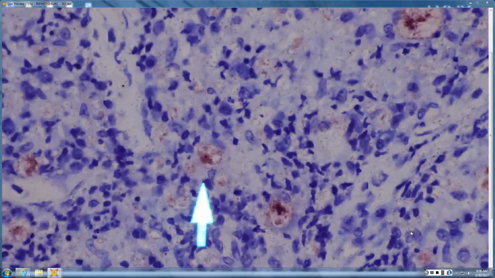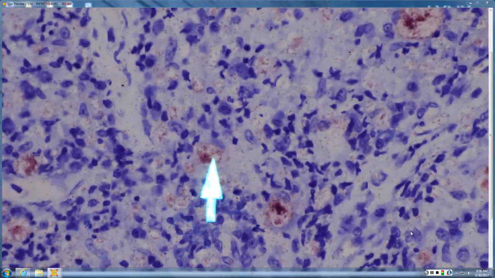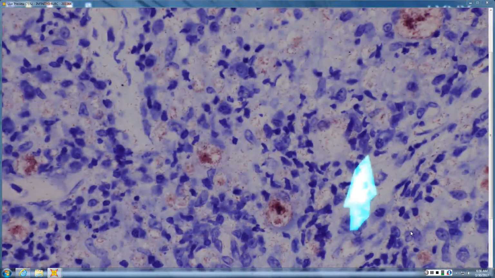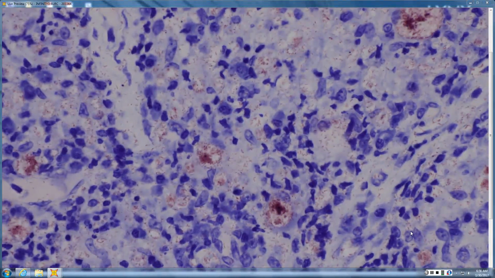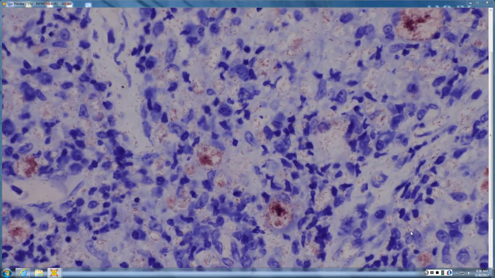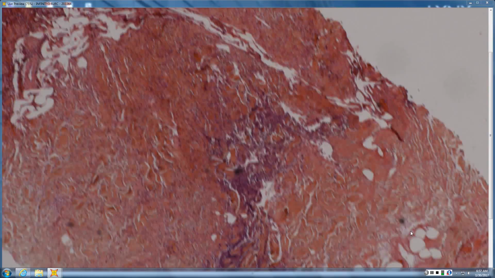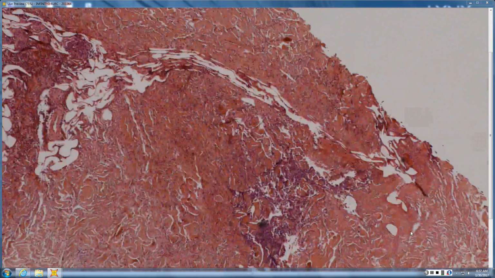All these little globi, little organisms, and there's organisms diffusely spread throughout here, but there are these little globi collections. Almost comes up better on the TV screen, but so that's a very, very, very positive stain. You could potentially see no organisms, or maybe just one or two in tuberculoid leprosy.